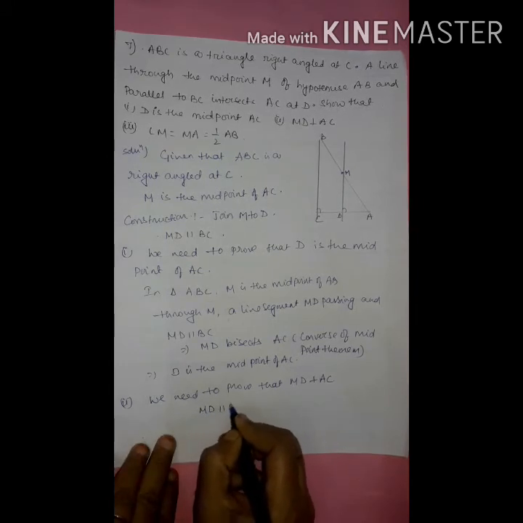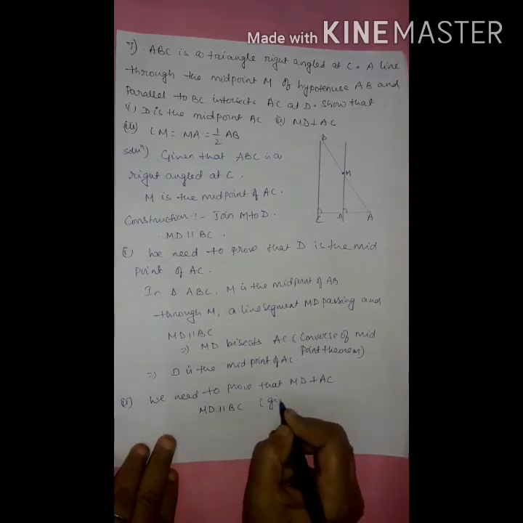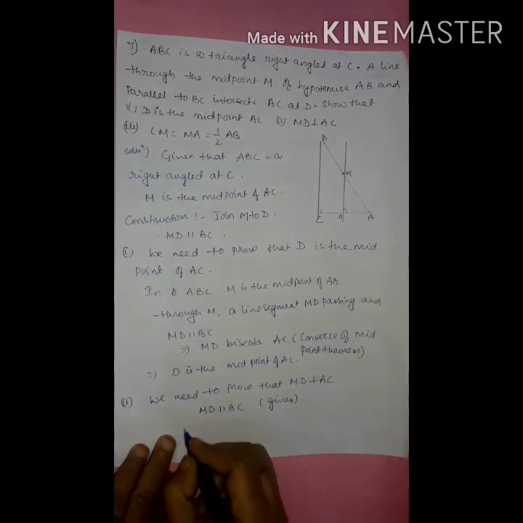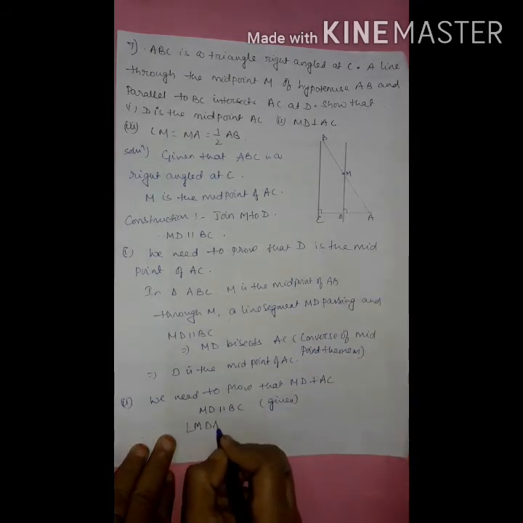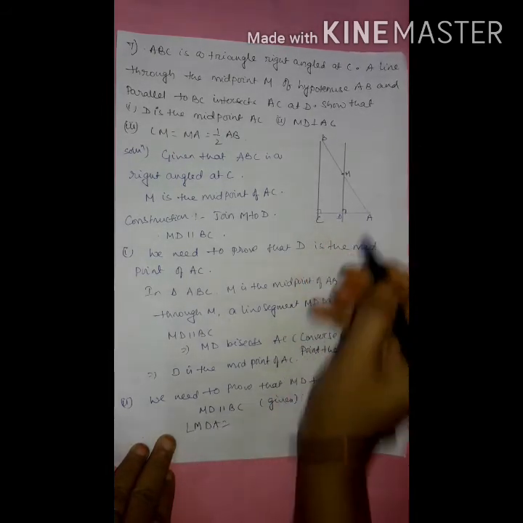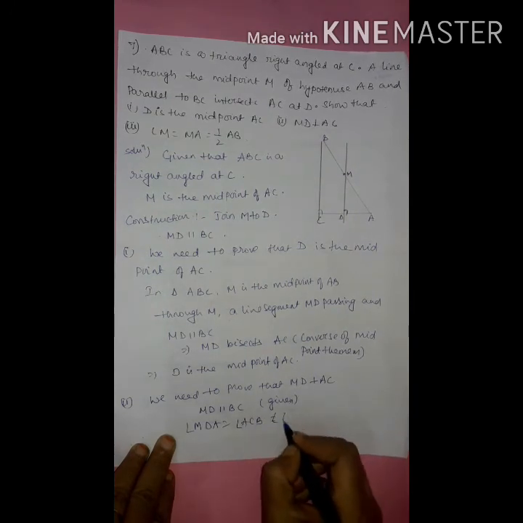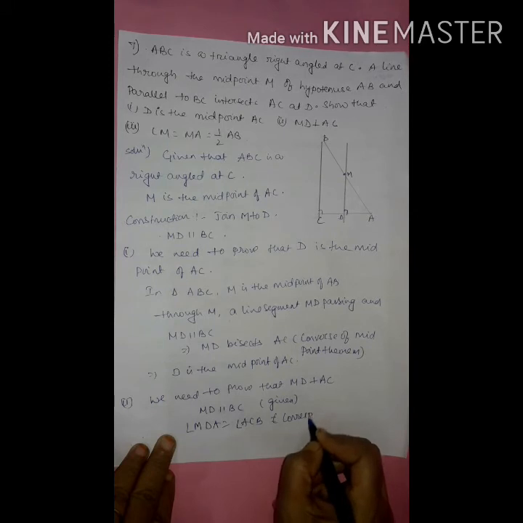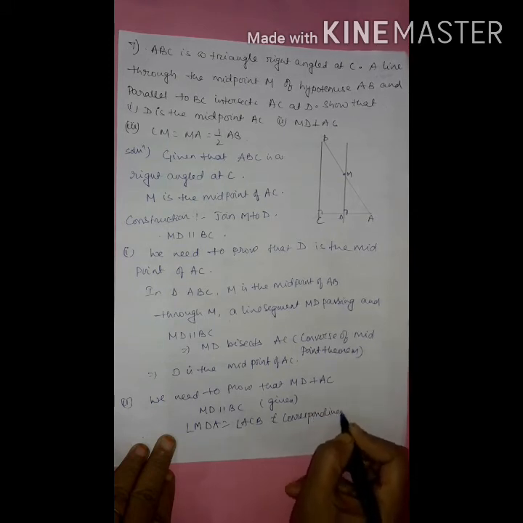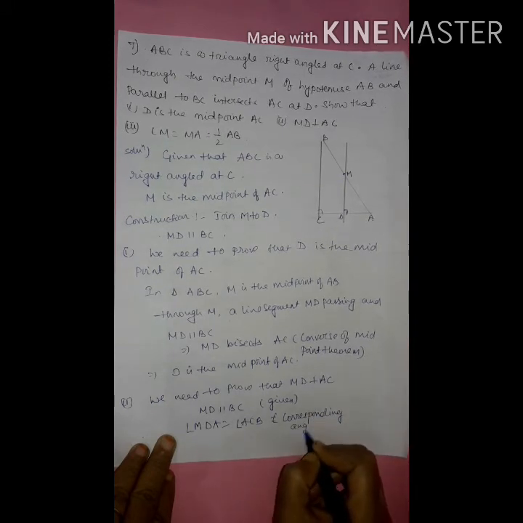MD is parallel to BC, given. So angle MDA is equal to angle ACB. These are corresponding angles.